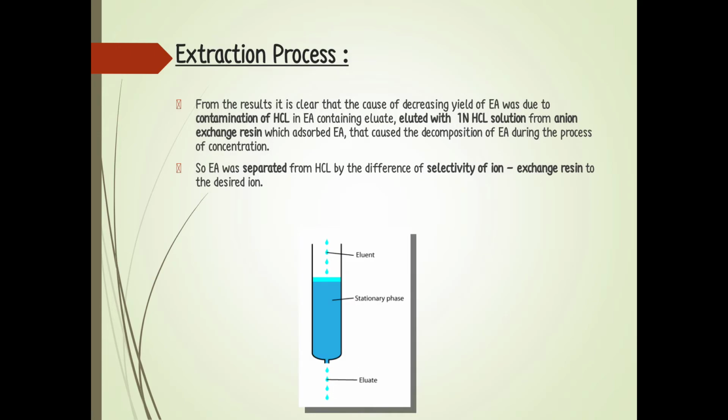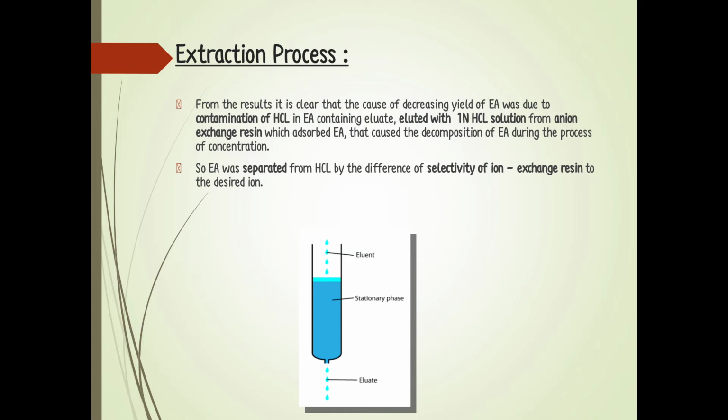So from the results, it is clear that the cause of decreasing yield of erythorbic acid was contamination of HCl in the erythorbic acid containing eluate, because we used a resin which acts as the stationary phase. The eluent used for the erythorbic acid is a 1N HCl solution, because the HCl solution is the one which helps cause elution of our product of interest.